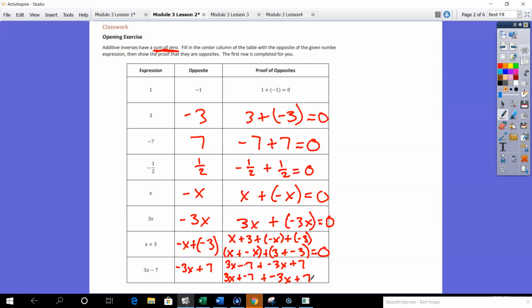And so then we can move it around. 3x plus -3x together gives me 0, plus the -7 plus 7, positive 7 and negative 7 equals 0. So we're just proving that opposites are equal to 0 in order to help us with our lesson today.